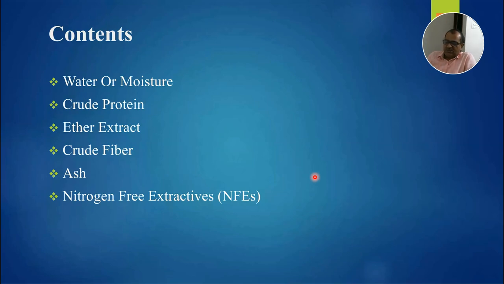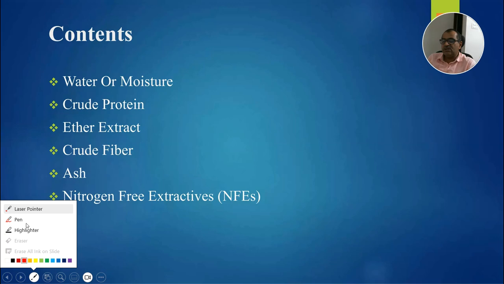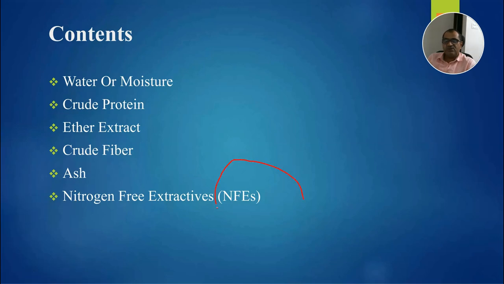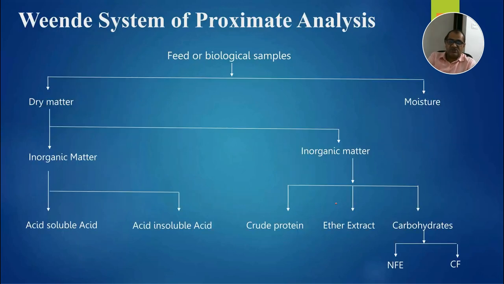The fifth one is the ash, also called acid insoluble ash. The last one is nitrogen free extractives, also called the nitrogen free extracts, or the NFEs.